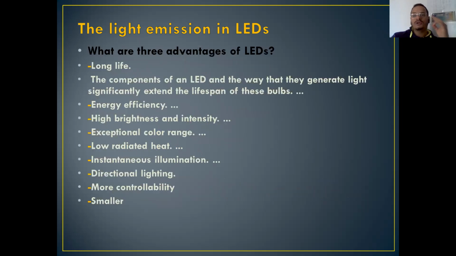Now let's talk specifically about the qualities of this topic. Long life. Why long life? Because of the components, it has a longer life than ordinary lights or bulbs, because the components of the LED and the way that they generate light significantly extend the lifespan of these bulbs.